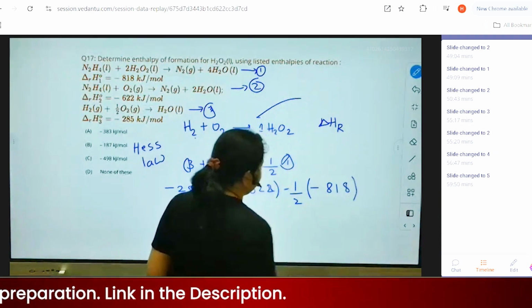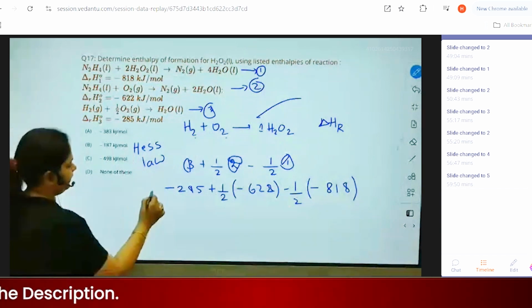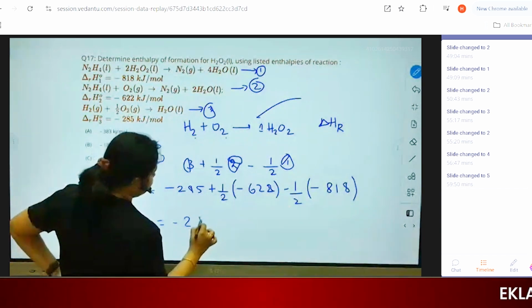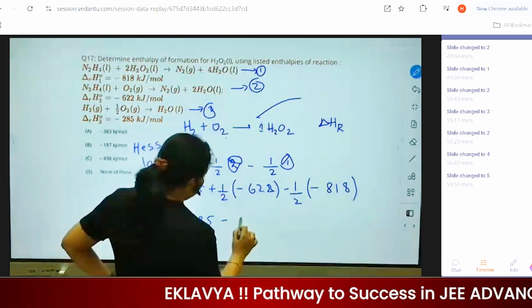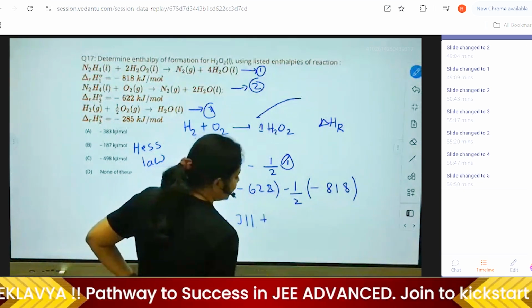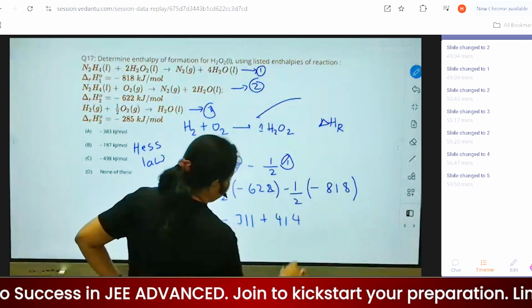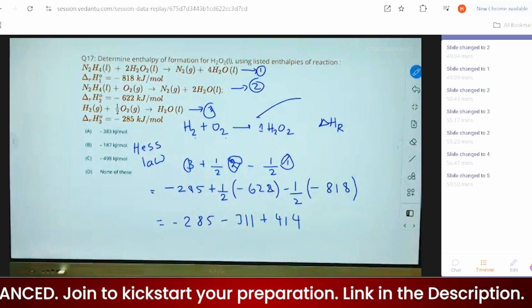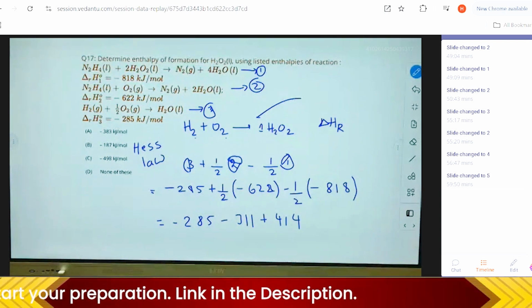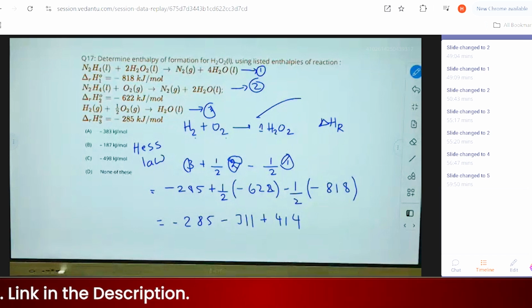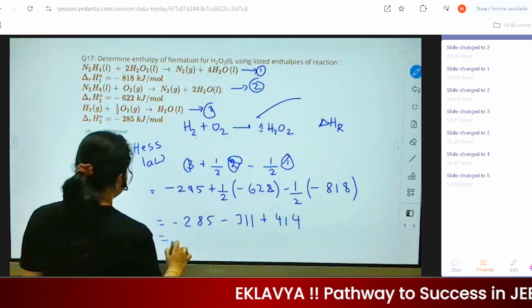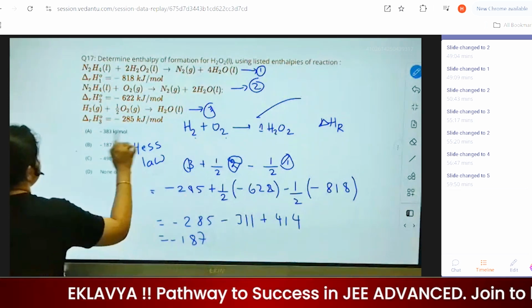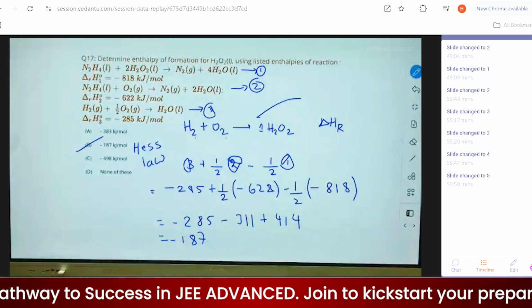So here, minus 285, here it is going to be minus 311 plus 414. If we find this one, minus 285 minus 311, then we have plus 414. If we do this, we will get the answer as minus 187. This is the one. Moving further, next question.